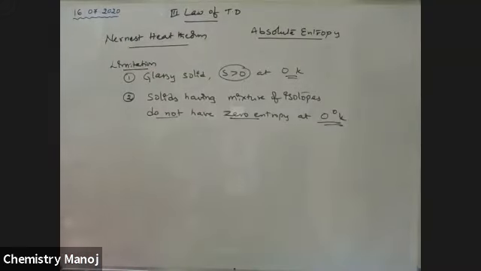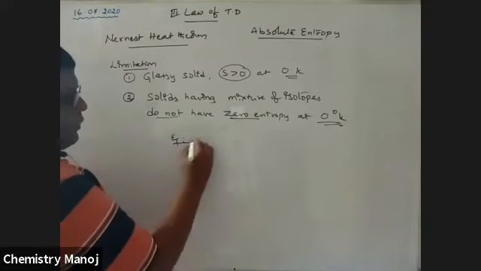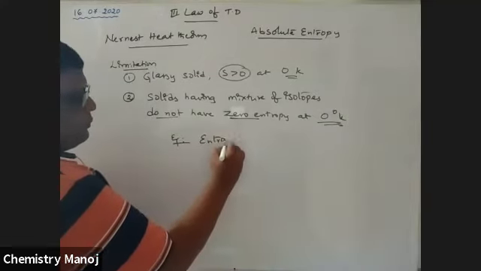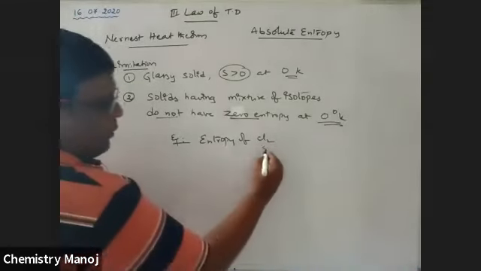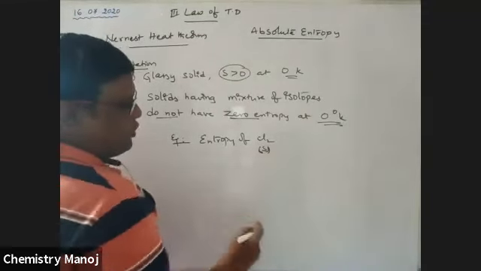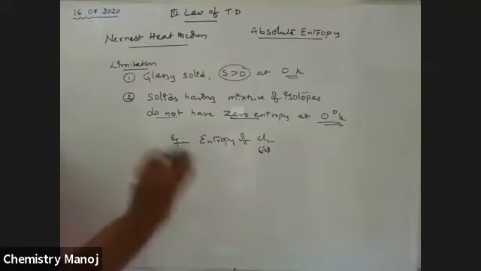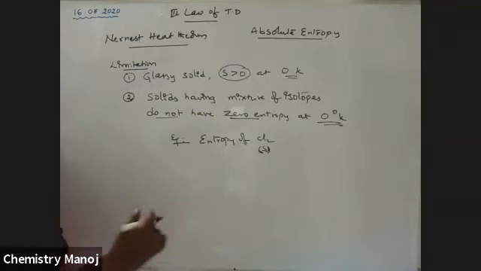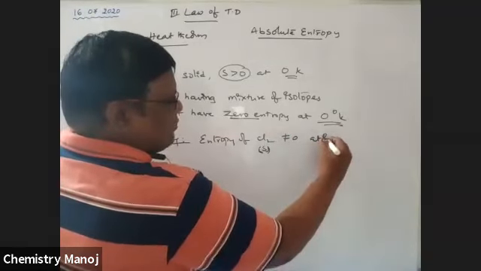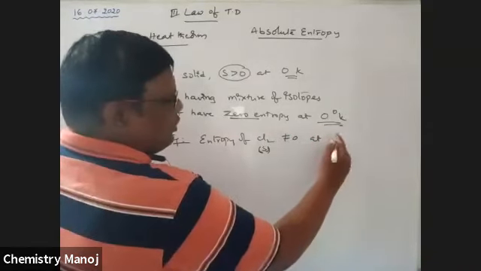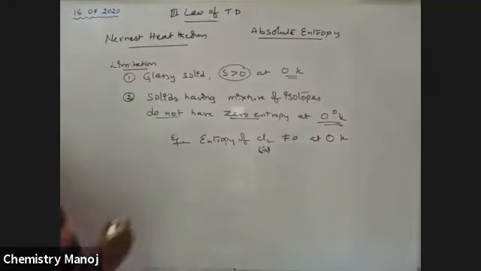It is not possible. The best example is the entropy of Cl2 in solid form. Because at absolute zero, no gaseous state exists. All materials must be in the solid phase. So it is not equal to zero at 0 Kelvin. It is an observed fact.